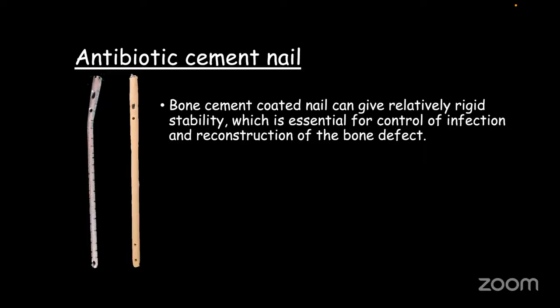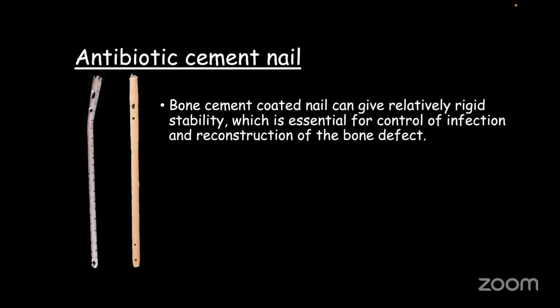The antibiotic cement nails were basically of two or three types. The one which Dr. Chandak sir has described, I think the one on the left is the Yogeshwar nail, which they have withdrawn. I think this was designed by Dr. Shiva, which has multiple serrations to have a good bonding of the cement over the nail.